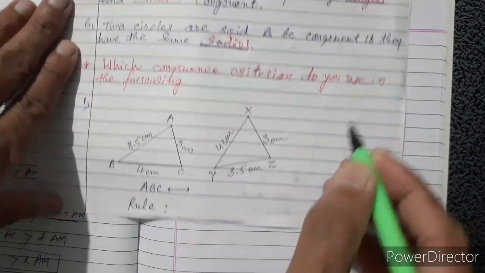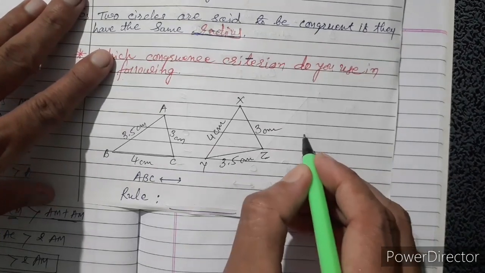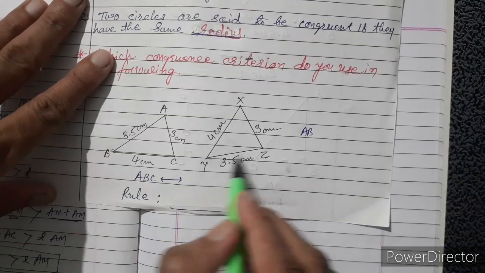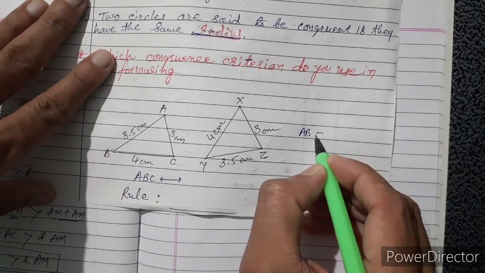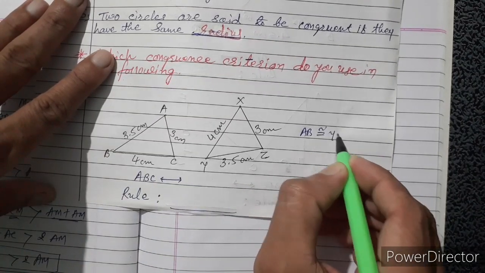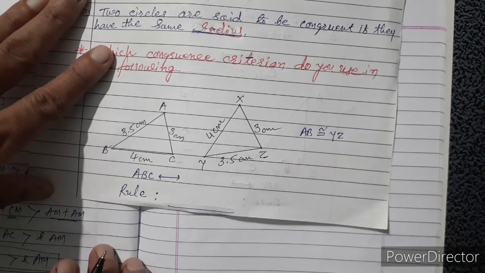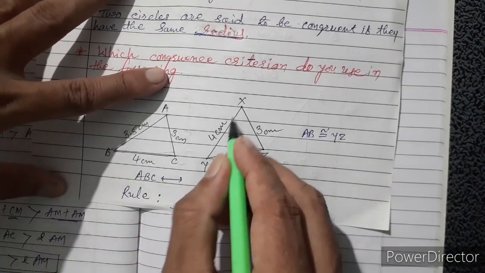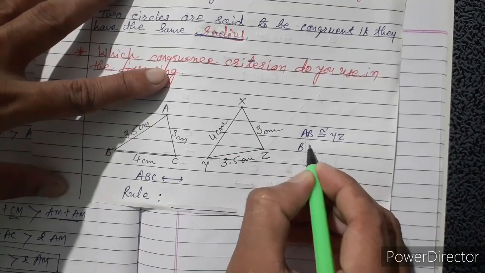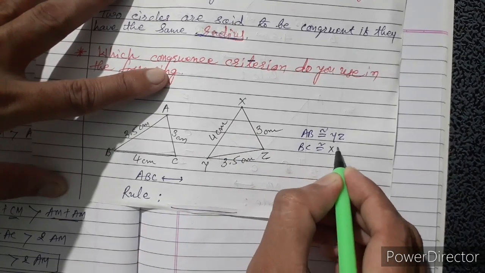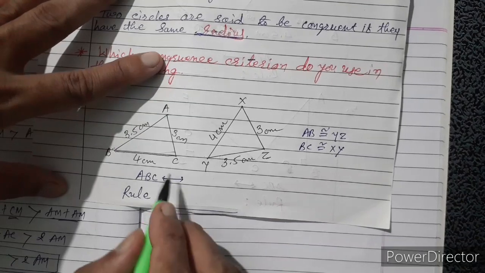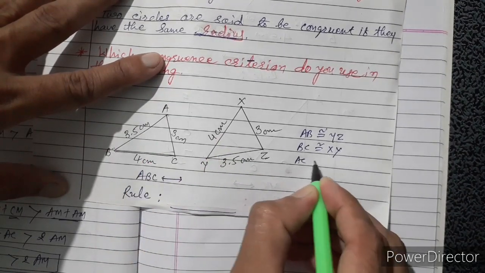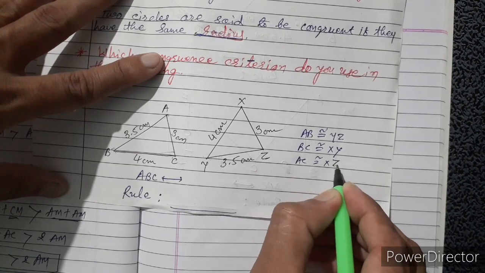Okay, so look here, one side AB is 3.5 and YZ is 3.5, means AB is congruent with YZ. Okay, then BC and XY, so BC is congruent with XY, and AC with XZ, AC congruent with XZ.